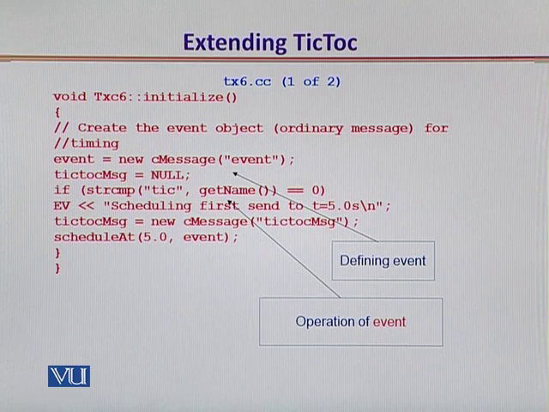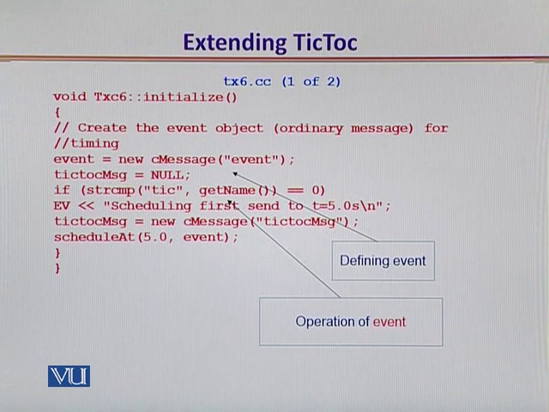Let's look at the tx6.cc code. Here, we define a new event that extends the message class. The operation of the event is given in the lower part of the code snippet. Here we see that the event determines that when the event is true, the scheduling of the first message takes place, and correspondingly, the event is scheduled at 5 seconds.